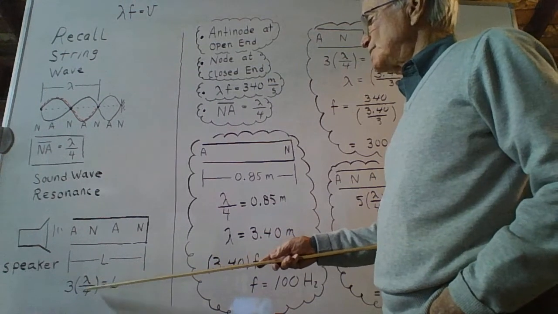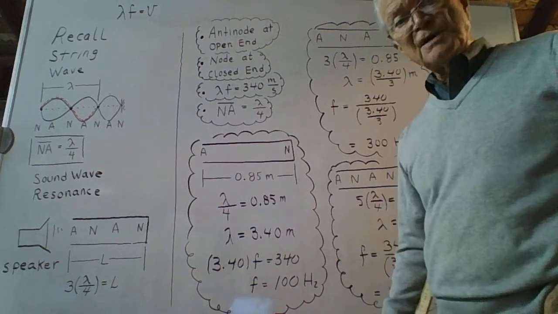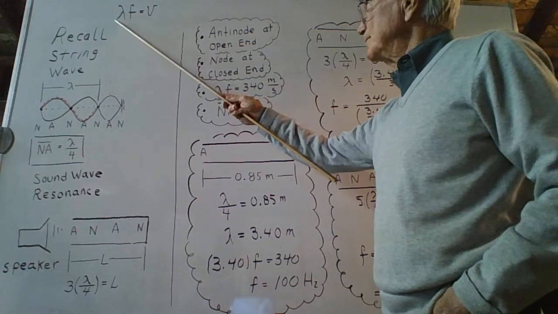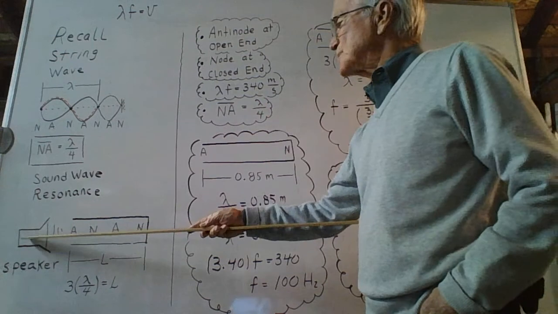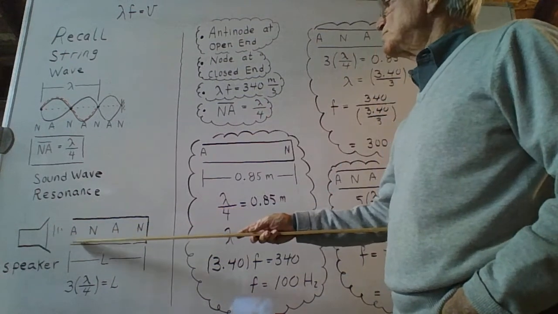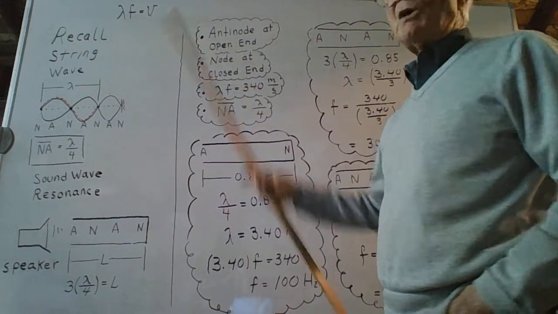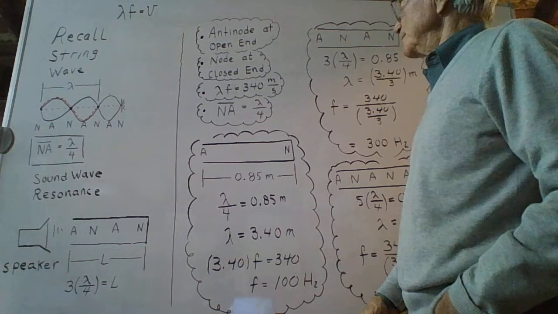Solve this equation for lambda once you've told what L is, and you'll have the wavelength of the wave, which you can put up here into this equation and solve for the frequency of the speaker sound that will cause this behavior. You'll be reminded that the speed of sound is 340 meters per second.